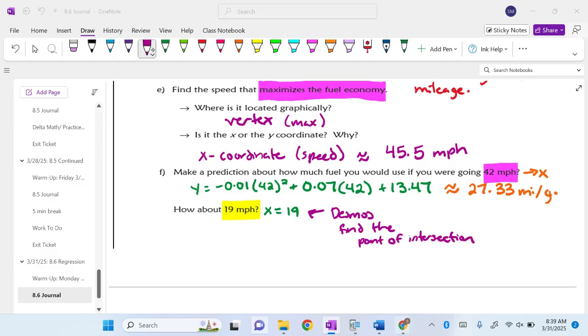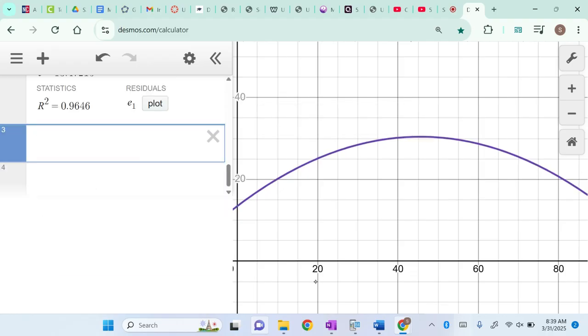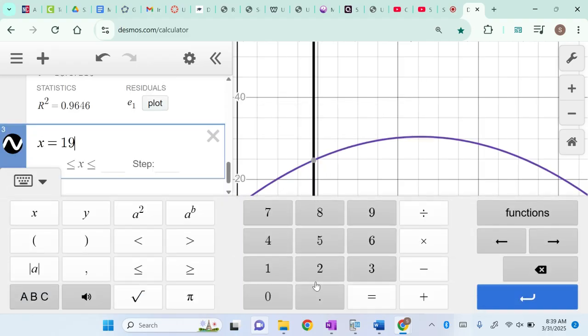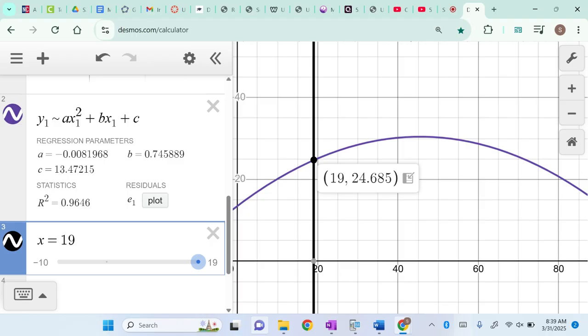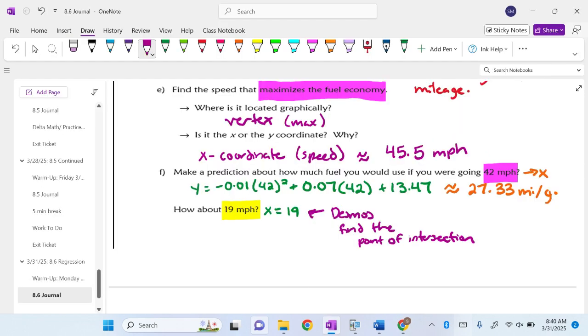So in Desmos, I can plot in x equals 19. I get this black line right here. All right, here's my point of intersection. Which part of the point am I using for my answer? I already have x, so I need the y. So my answer would be approximately 24.685 miles per gallon.